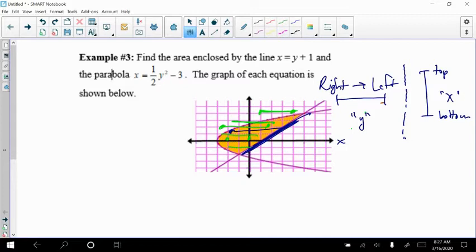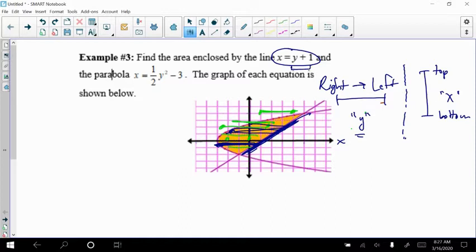So that's a good key: when you have to measure your area between 2 curves and go in a horizontal direction, make sure you are bounding right to left, and make sure that you are in terms of y. Now I can see that the right side is linear. In hindsight, I can also see that the equation they gave us was already solved for x in terms of y.